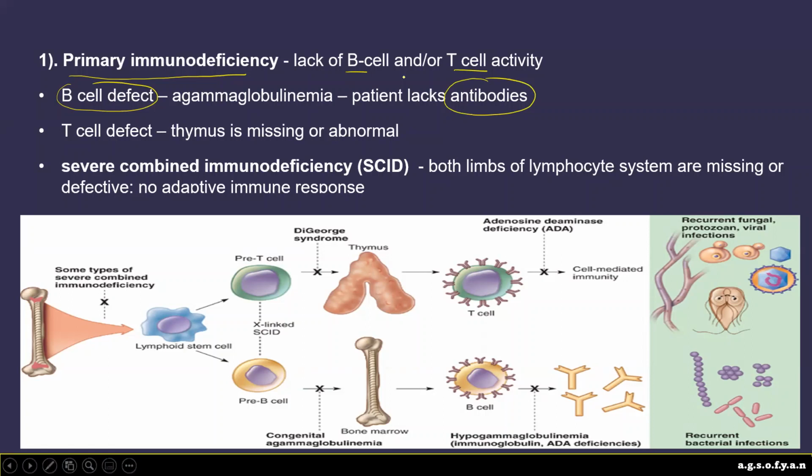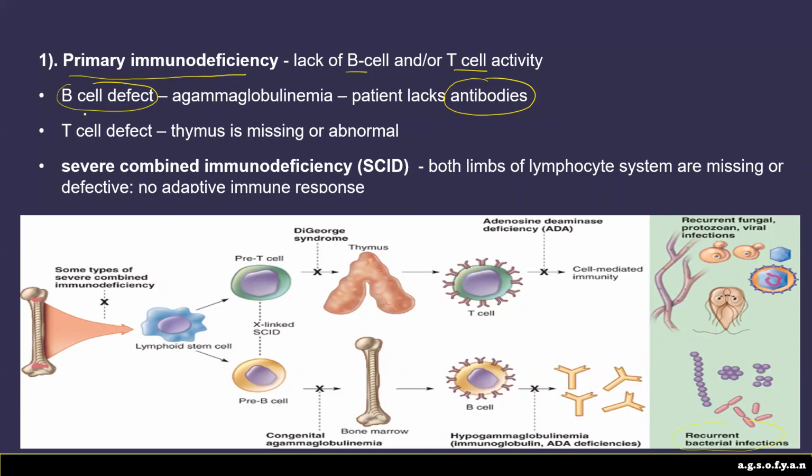These persons, if they lose B cells, are usually very sensitive to bacterial infection. It's really easy to get bacterial infection because they don't have the antibodies that protect them against bacteria. Mostly antibodies fight against bacteria.